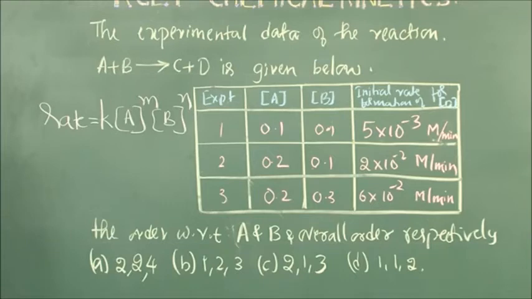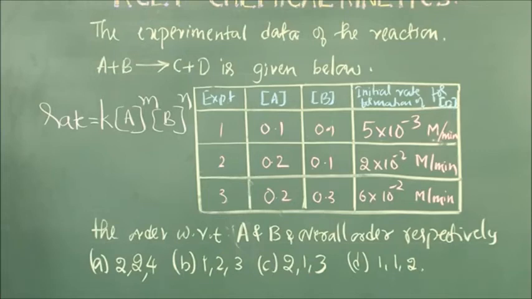See, initially when the concentration of B is 0.1 in experiment 1, and in experiment 2 also it is 0.1, which means that concentration of B is kept constant. Concentration of A, which was 0.1 in experiment 1, has become 0.2, which means that the concentration of A is doubled.